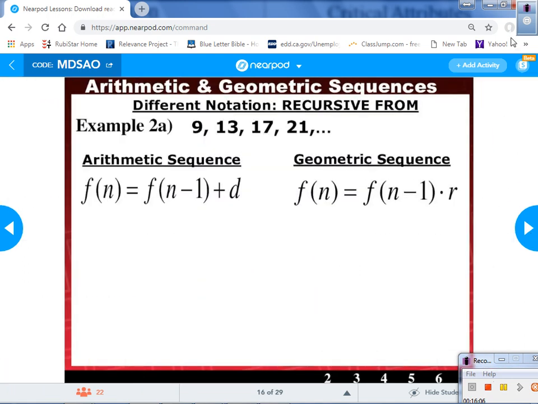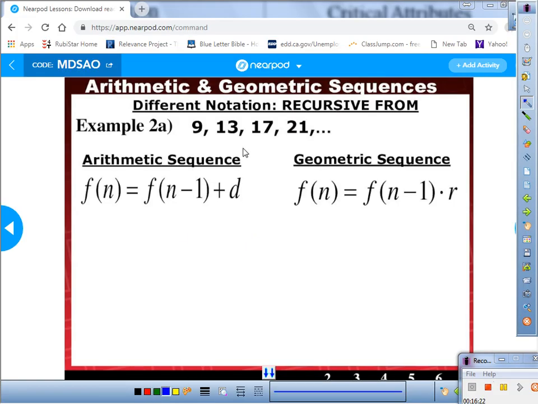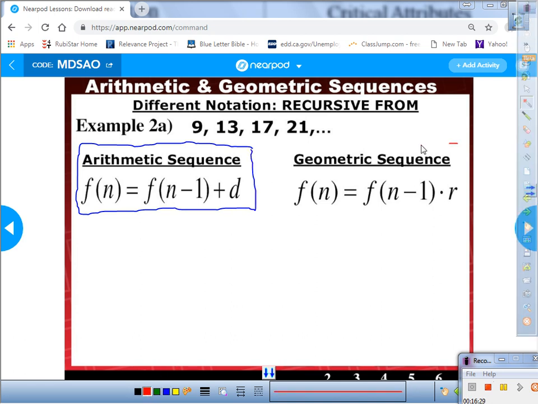All right. So for this one, before we do the example, I want you to copy where it says arithmetic sequence. Copy that. And copy this one, geometric sequence, side by side. This one, I want you to copy it in blue. And this one, copy it in red.